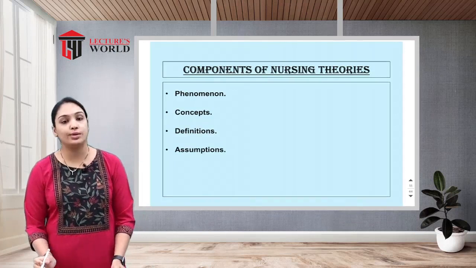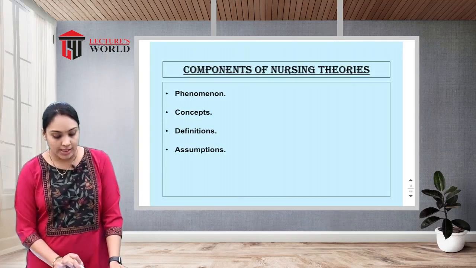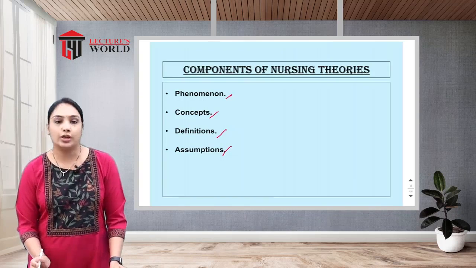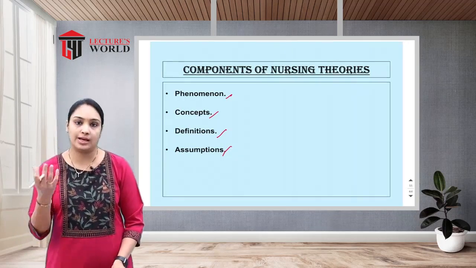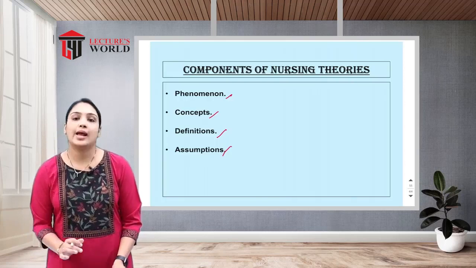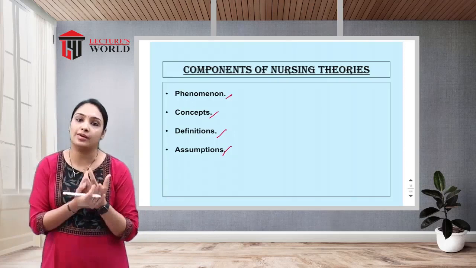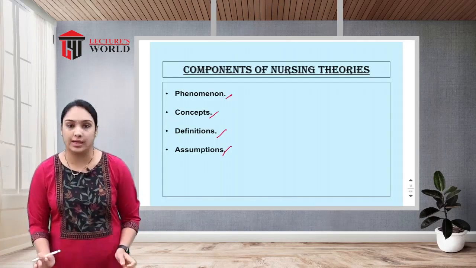Mainly there are four components of nursing theories: phenomenon, concepts, definitions and assumptions. Phenomenon we have already discussed. Concept is thoughts and ideas that we perceive in our mind. Definitions means a statement that presents the meaning of any word, phrase or term. Assumptions means belief.